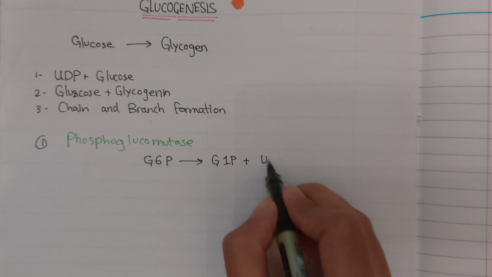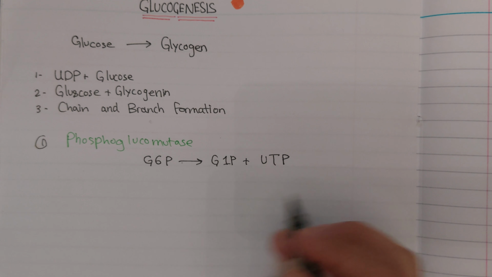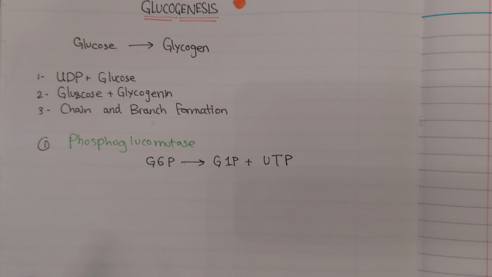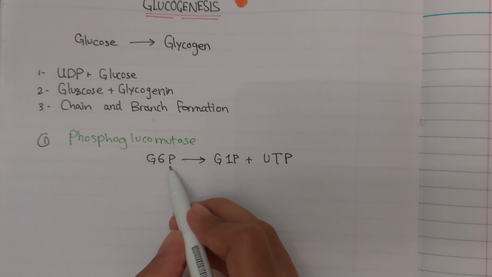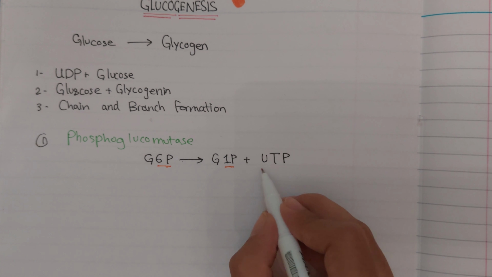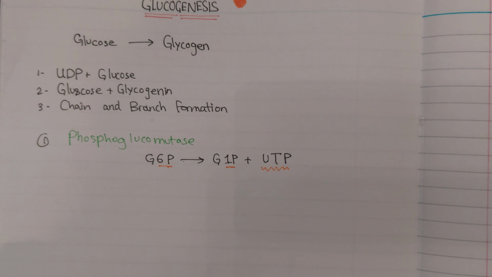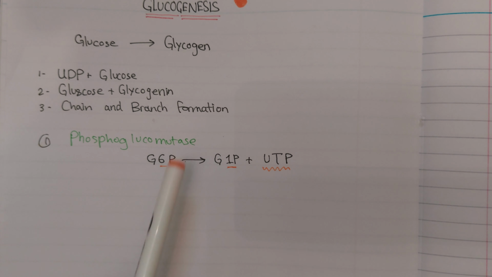So this is the energy that is released by the movement of a phosphate bond from 6 carbon to first carbon. So this energy is released with the help of phosphoglucomutase.